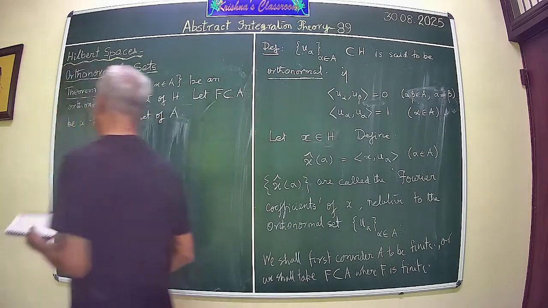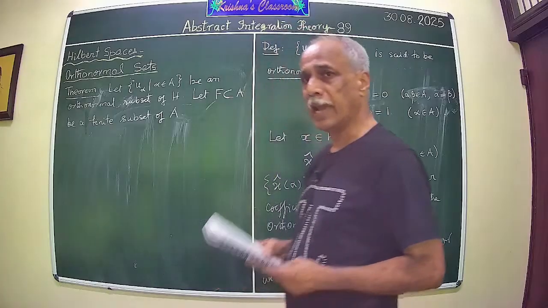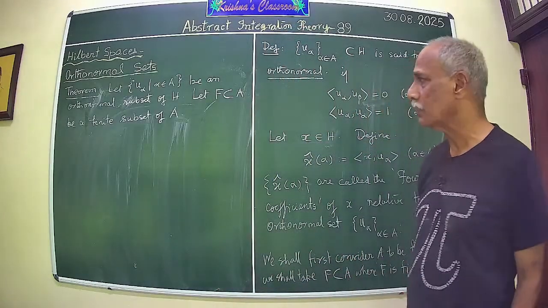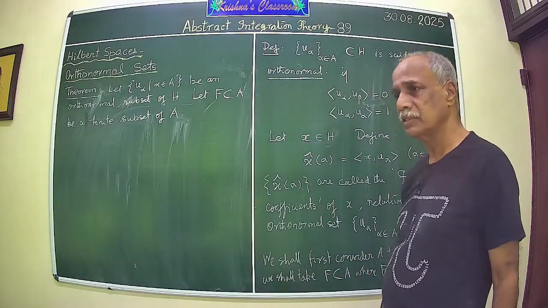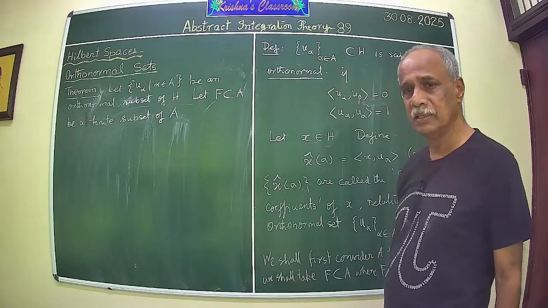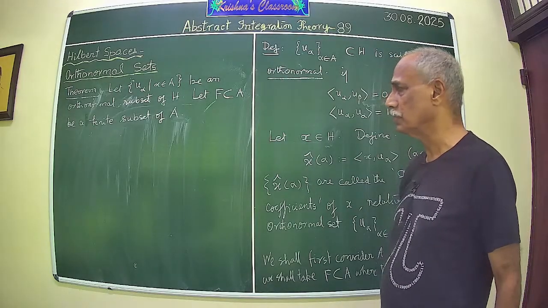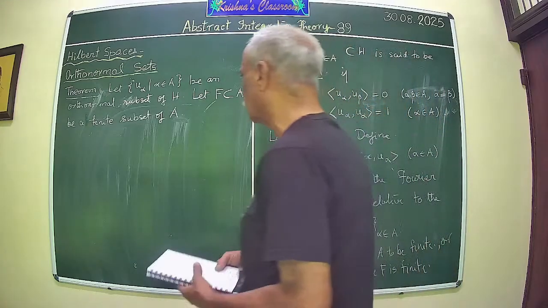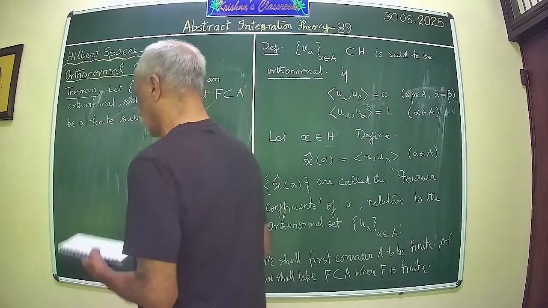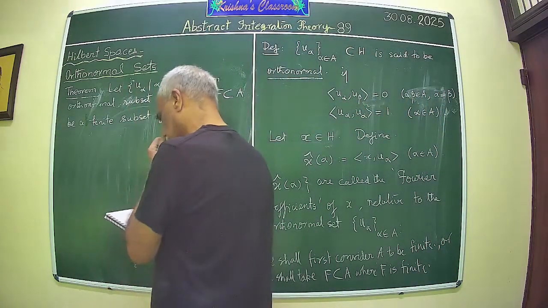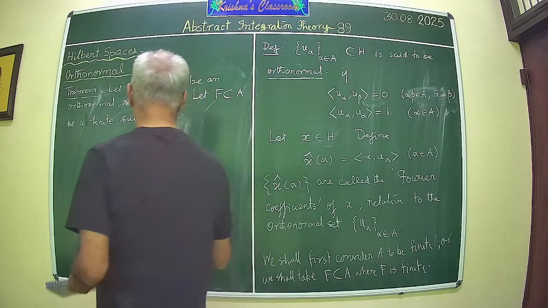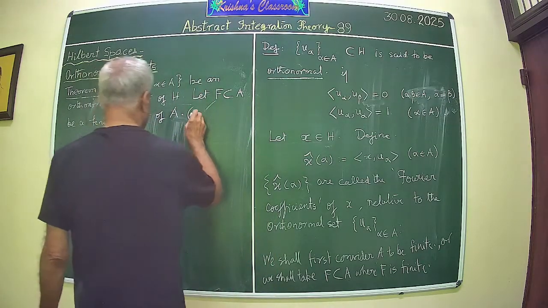Now we are not assuming A may be finite, A itself may be infinite, it may be countable, it may be uncountable, all sorts of possibilities are there, so that they are not ruled out. So A may be even uncountable.